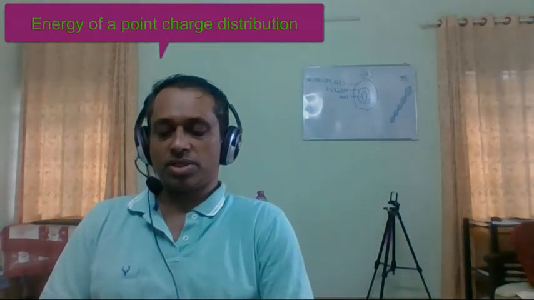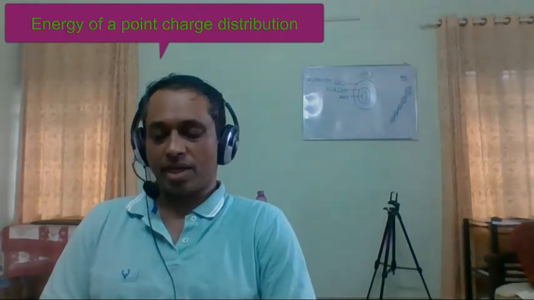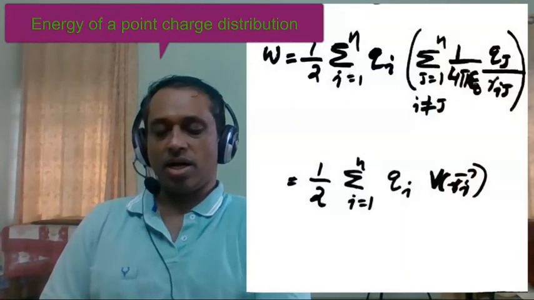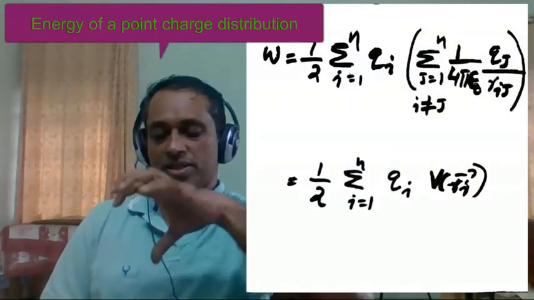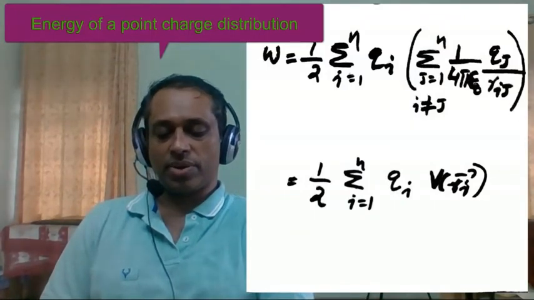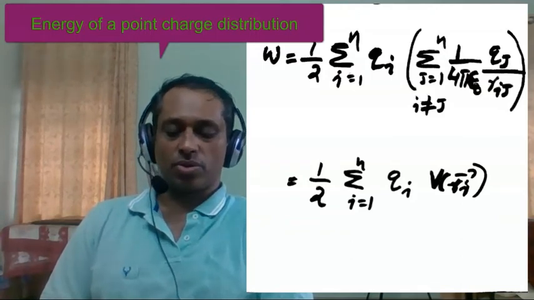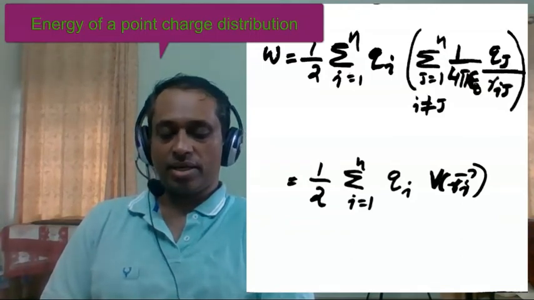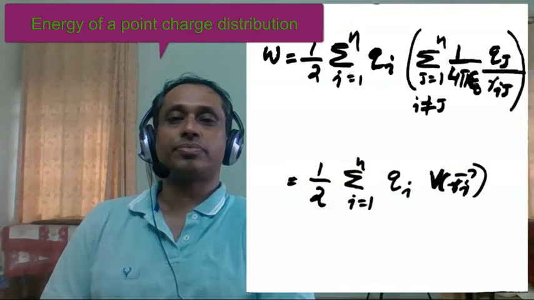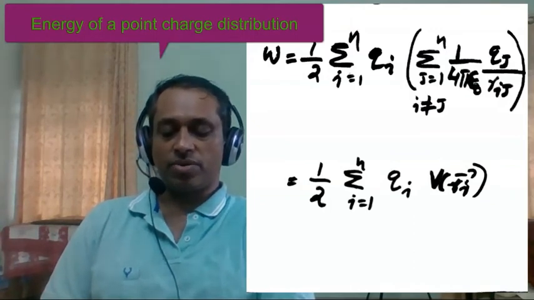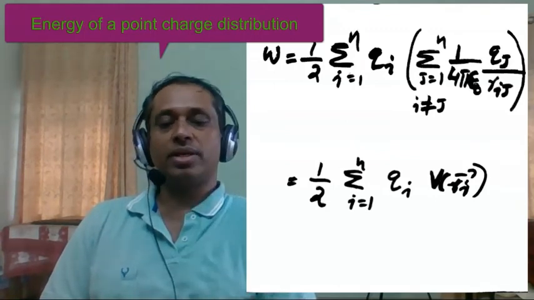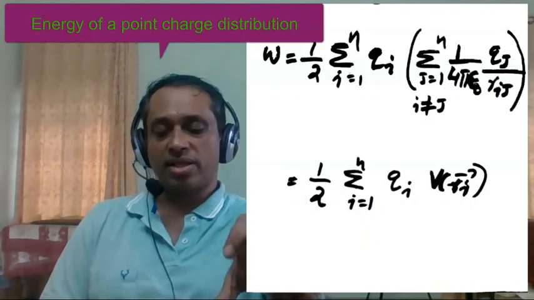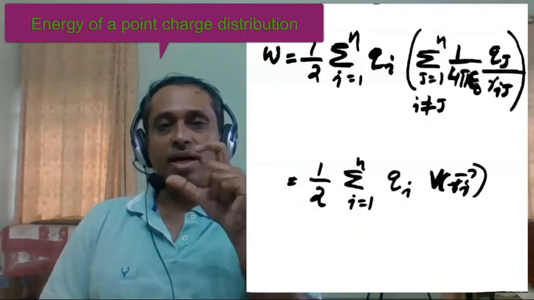Now this expression is written in another form. W equals, I take half, sigma i equal to 1 to n Qi, and the rest of the terms, sigma j equal to 1 to n, 1 by 4 pi epsilon 0 Qj by Rij. This term, sigma j equal to 1 to n, 1 by 4 pi epsilon 0 Qj by Rij, is actually the total potential at the point, at the charge i.